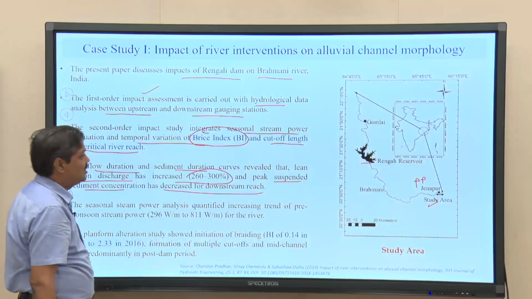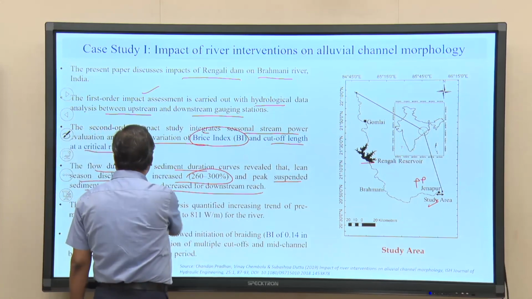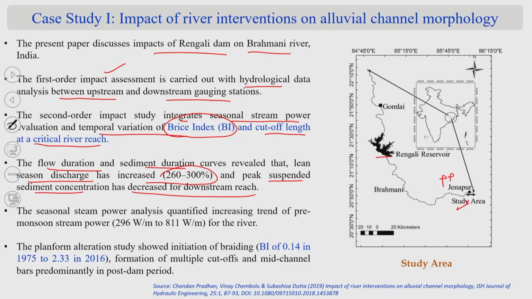So, because of the reservoir, the peak sediment concentration has decreased in the downstream reach. The sediment decreases, while the seasonal flow has an increasing trend.